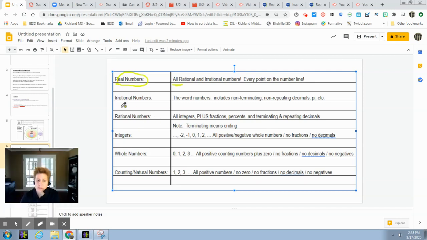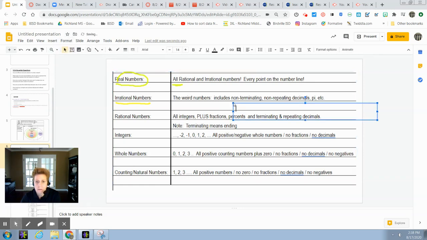The next one is the one on the right, the section on the right. That's your irrational numbers. That's weird numbers. Those numbers include non-terminating decimals, and terminating means ends, so non-terminating doesn't end.